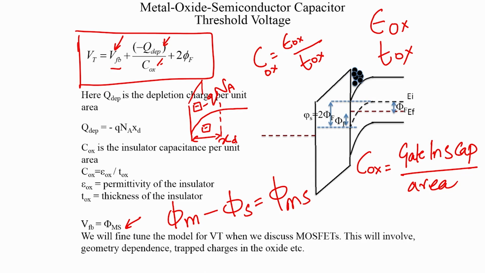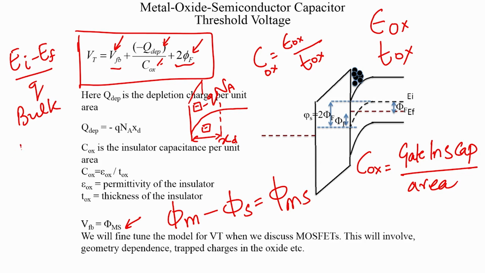And what is phi f? 2 phi f is the surface potential at the interface when you have hit threshold voltage, but what is phi f? Phi f is the Ei minus EF by Q in the bulk, right. And how do you know what is Ei minus EF by Q in the bulk?